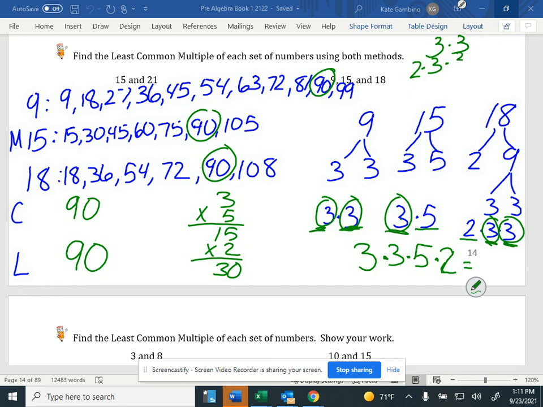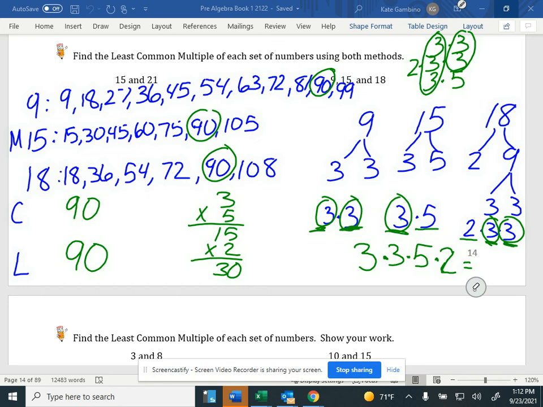Another 3. So we're going to match up those 3s and we're going to match up those 3s. If you have two of them, it still counts. That makes sense. So if you line them up and draw circles around them, that's the best way to do it.